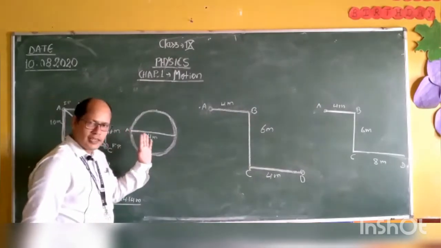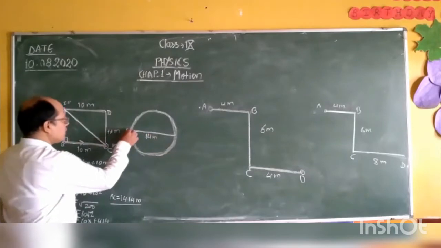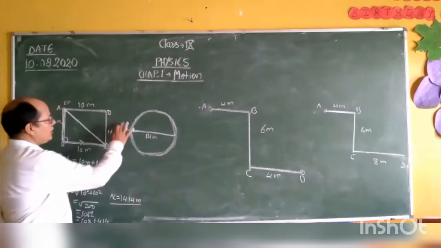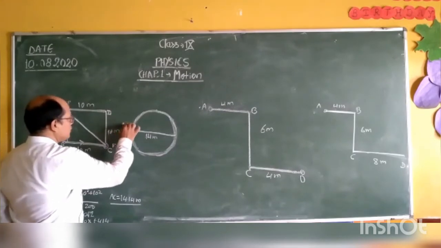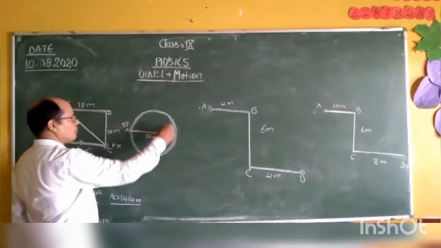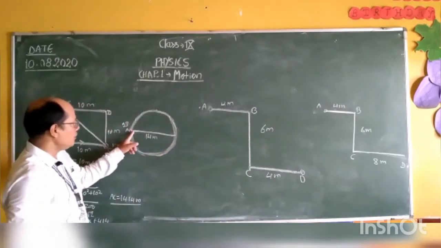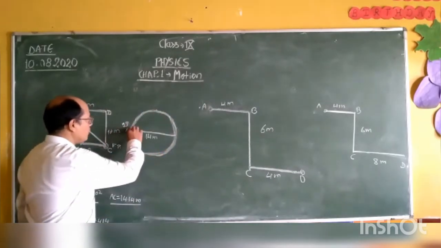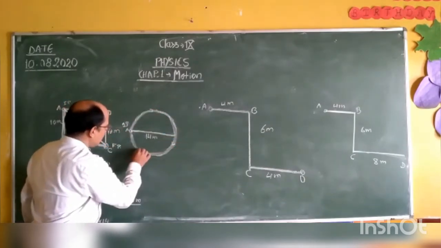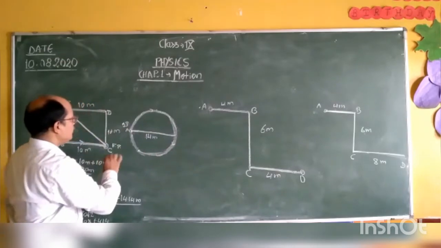Now, in the second case, A is my initial position. I am moving around a circular park. I start moving from A in this direction, move around and stay in the same position.